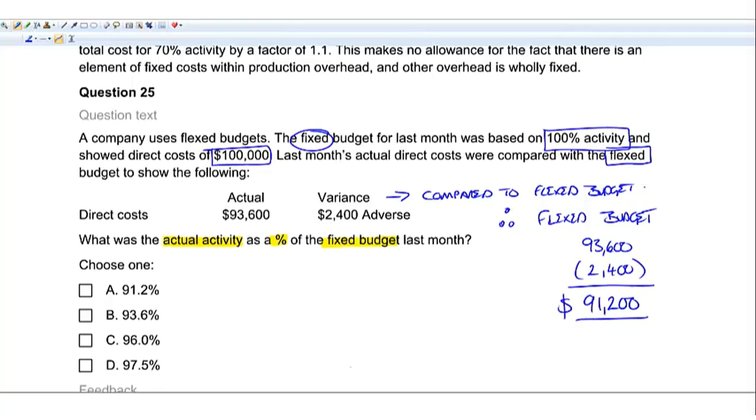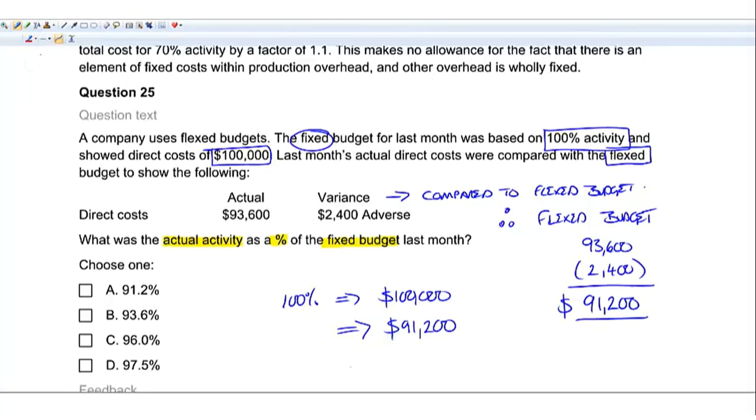So we must have had a flexed budget of 91,200. At 100% activity, we had costs of 100,000. Yep, so we just note that down here. At 100% activity, our costs were equal to 100,000. We've flexed our budget based on the actual activity, and that flexed budget has a cost of 91,200.